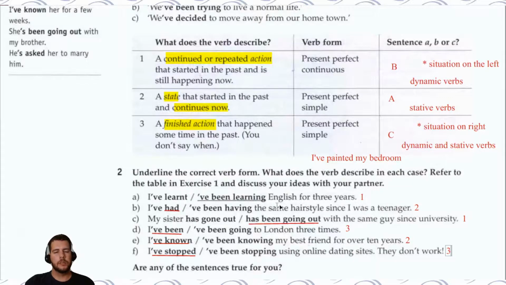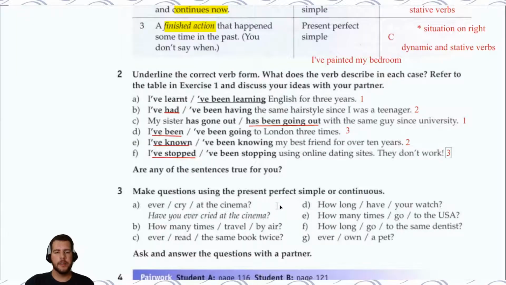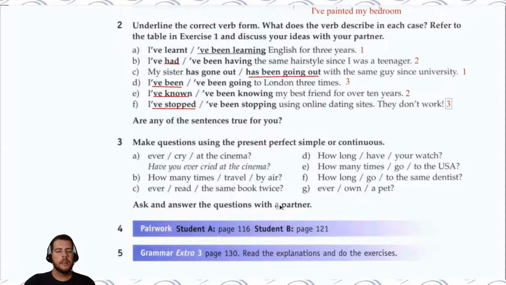Very good. So now let's have a look at exercise number 3. In this exercise, you have to make questions using the present perfect simple or continuous.